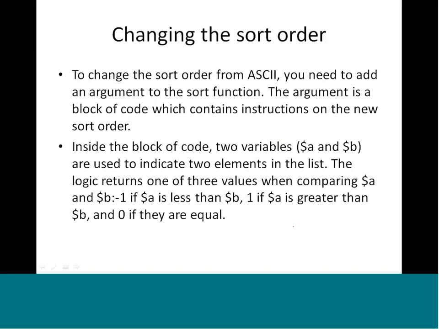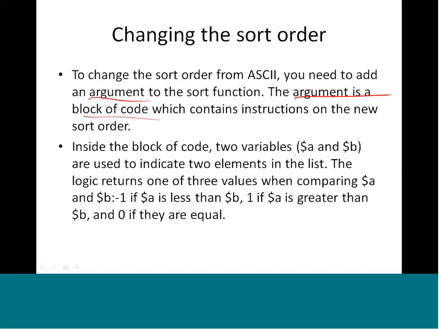Here I'm going to elaborate a little bit more on how to change the sort order. To change the sort order, you need to add an argument to the sort function. The argument is a block of code which contains instructions on what the new sort order is.